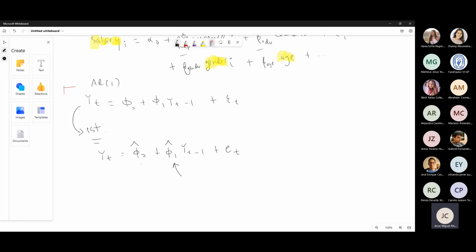What you need to do is, after you run the regression and estimate the model, you have this, an innovation. Now this guy is not the same. This is the residual.